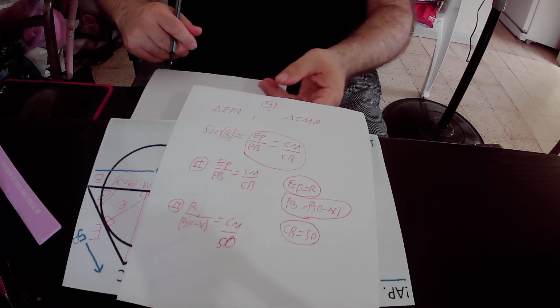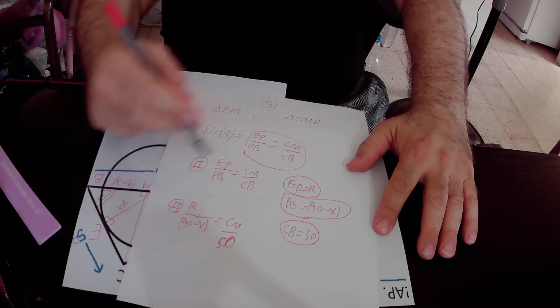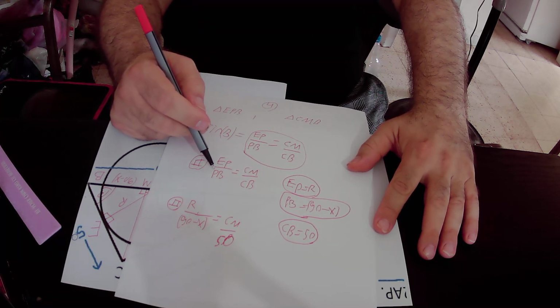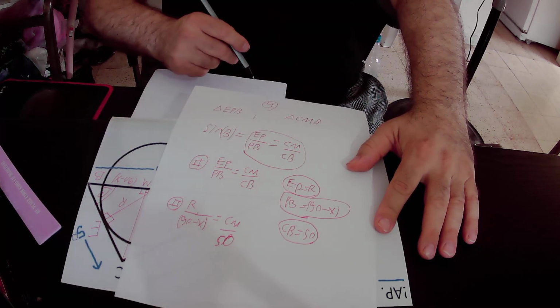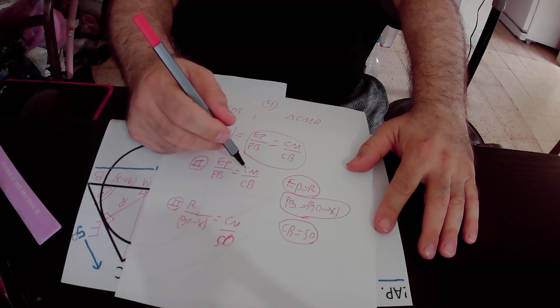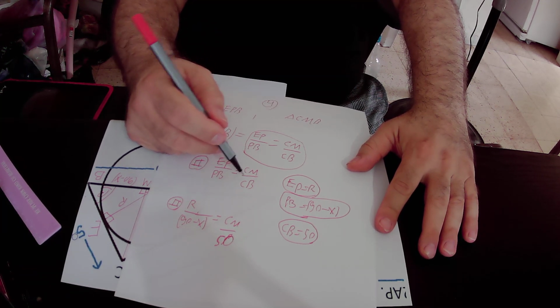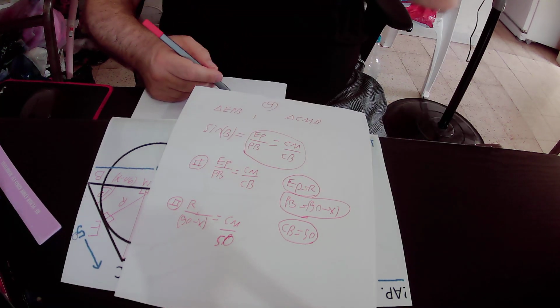So actually I substituted EP by R because EP equals R. And then I substituted PB by 90 minus x because PB equals 90 minus x. I left CM as it is, and then I substituted CB by 50 units because CB equals 50 units.